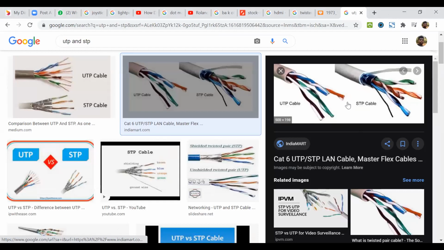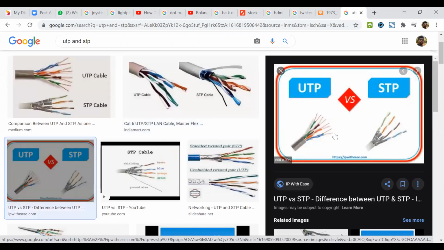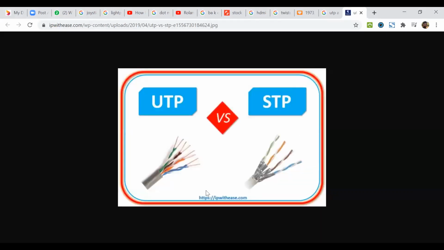You will see here in this image, there has to be a separate shield. Here is a UTP, unshielded, without any separate shield. With the shield, we have STP. So we have UTP cables as well as STP cables.